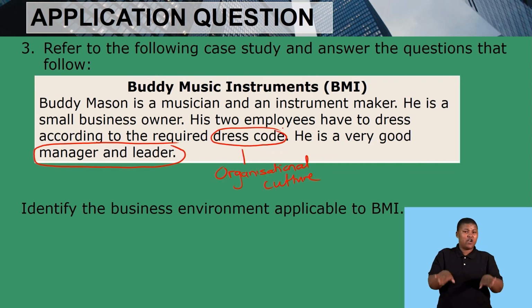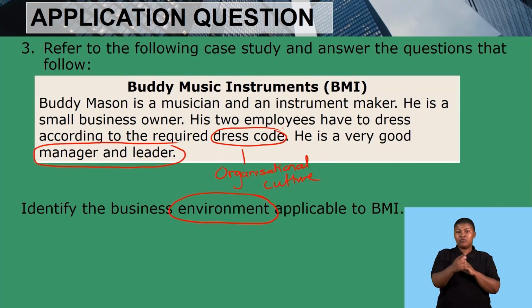So be careful, do not mix up business environment with business function in the questions. They are asking for the environment. So the answer can only be micro, market, or macro environment. But when we look at the case study and we see organizational culture being addressed and management and leadership style, then the answer can only be the macro environment. Okay, because the question states identify, there is no need to elaborate on this question. And that is it for our application questions.